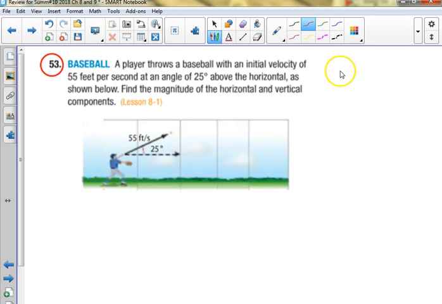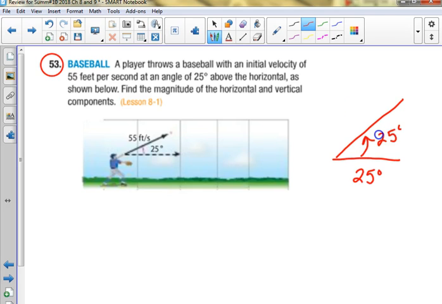Player throws a baseball with an initial velocity of 55 feet per second at an angle of 25 degrees above the horizontal as shown. Find the magnitude of the horizontal and vertical components. Okay, so on your paper, would be drawn like this.